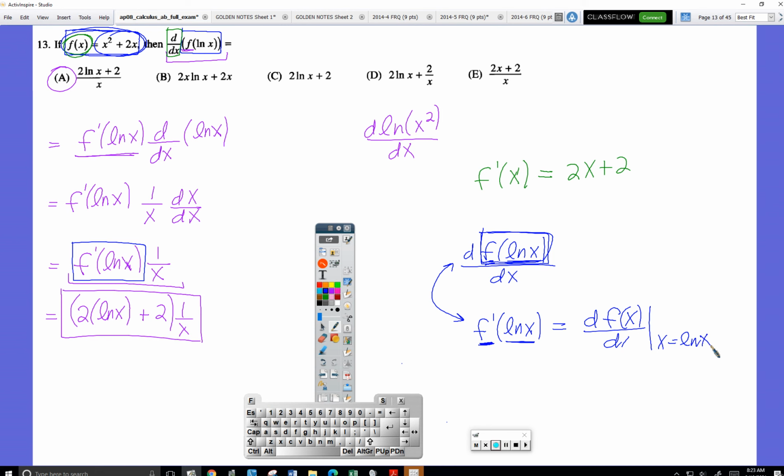Those are the same, because this says take the derivative of f, and once you found the derivative, then plug in the ln. Is that helping? Yeah. There you go. Cool. Which one, Allison?